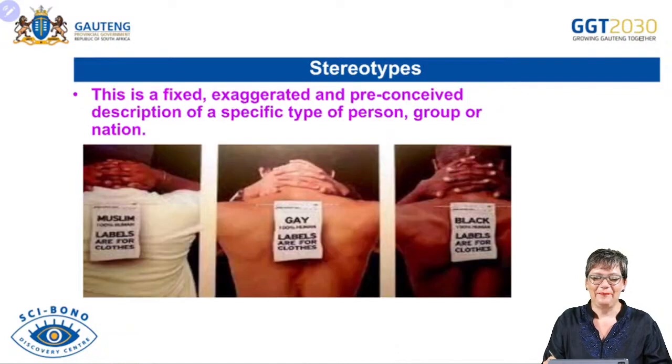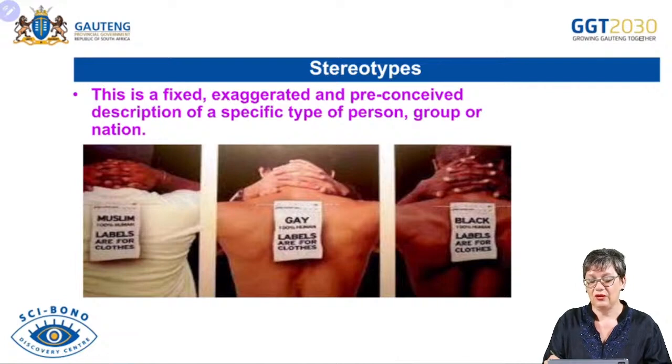Right. Something serious is what we call stereotypes. Do you remember when we did the advertisement about the bullying, the bully beef? And it says labels only belong on clothes. Now, this cartoon or these pictures really fit that.